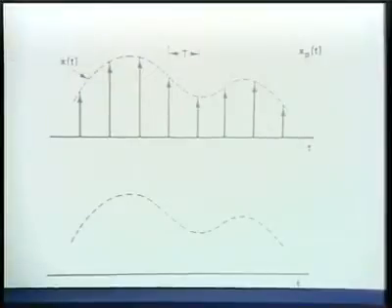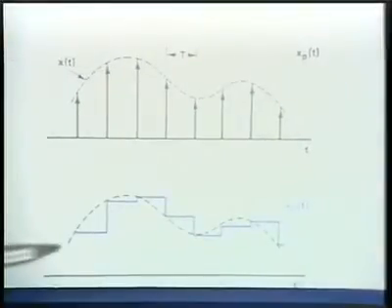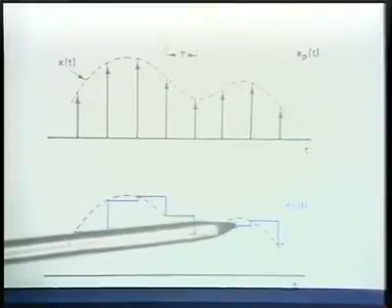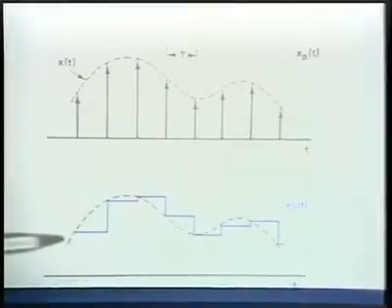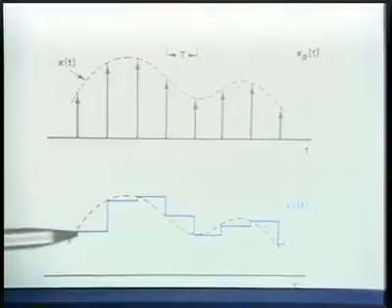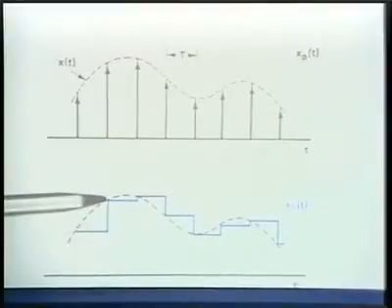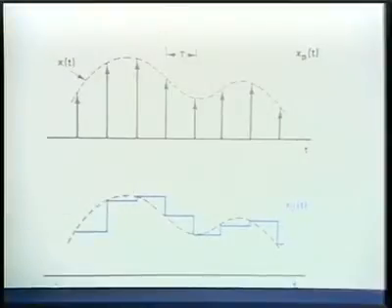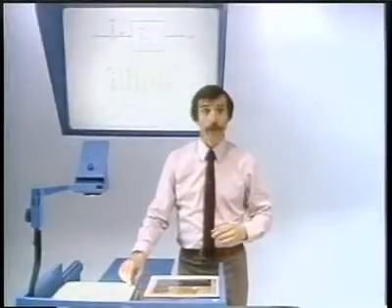And the reconstruction that we end up with in that case will look something like this. It's a staircase or boxcar kind of function where we've simply held the sample value until the next sampling instant, and then replaced it by that value, held it until the next sampling instant, etc.